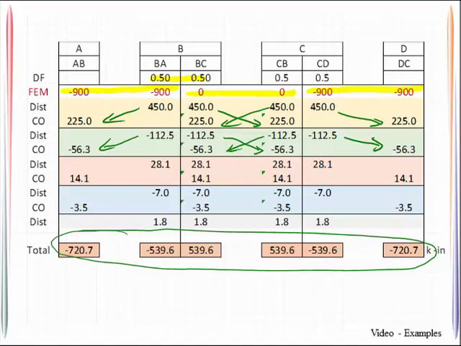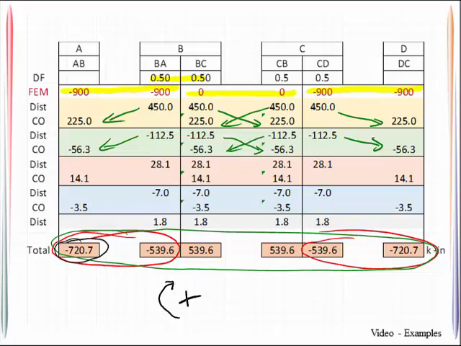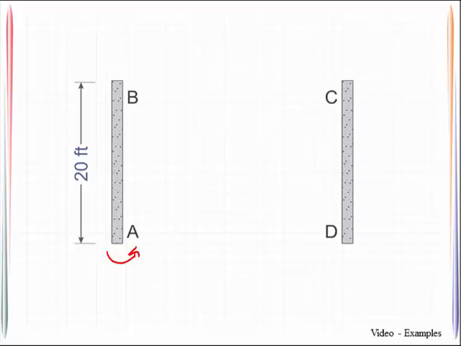Let's go ahead and take these moments that we've got here in our columns, and let's translate those over to a free body diagram. I want to remind you one more time that the positive sign convention for moment distribution is that a clockwise moment is positive. So with that being a negative, it comes over here, and we can place this on here, 720.7, 539.6.